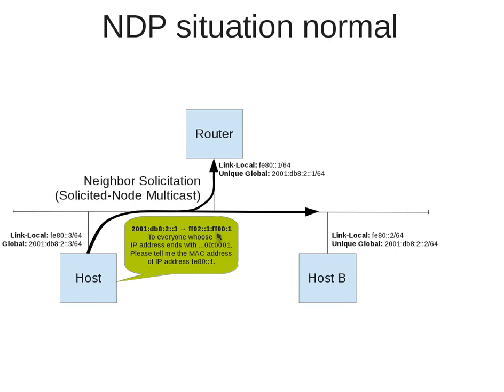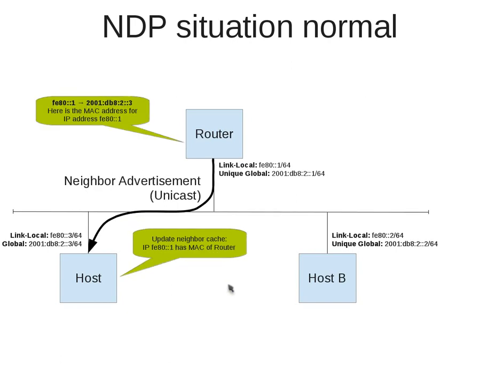sending to the special multicast address, which means that packets sent to this address should be received only by hosts whose IP address ends with the last 24 bits of the searched IP address, in this case 000001. Within this message, the query is: what's the MAC address of the complete IP address FE80::1?